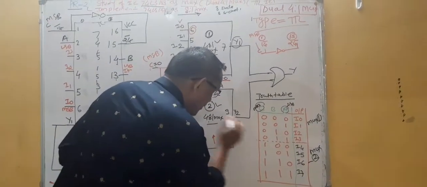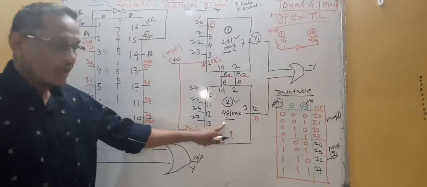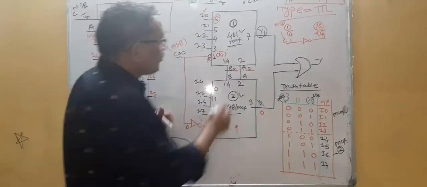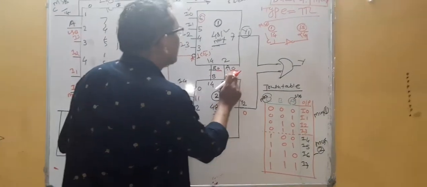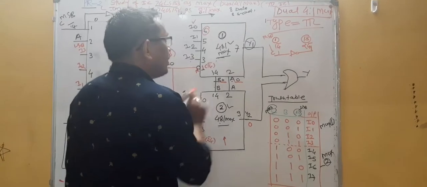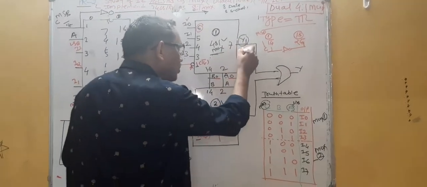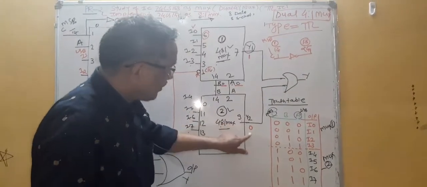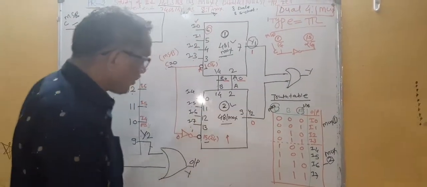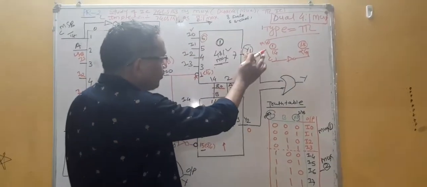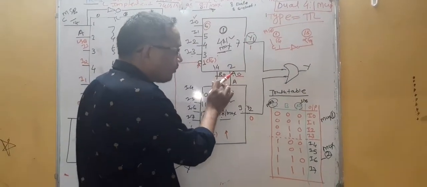Y2 will be 0 because this is deactivated due to this inverter, so it shows output 0. But at the same time, you are applying B is equal to 0, A is equal to 0, so pin number 6, that is called I0, will get activated, and at the output of this one it shows output 1. So Y1 is equal to 1, Y2 is equal to 0. As per the concept of a multiplexer, it has many inputs and a single output, and the output can be selected according to the number of select inputs required.